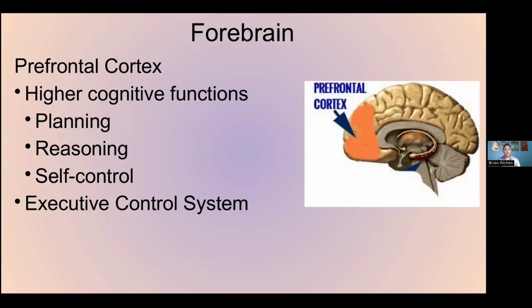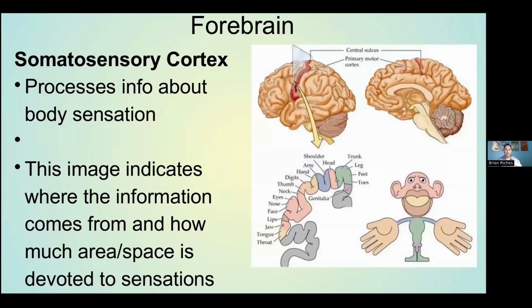So with that, in this cerebral cortex, the outside wrinkly portion, we also have the somatosensory cortex. This is when we get sensory inputs from around the body. And this really funny picture here really demonstrates how much brain area is dedicated to each part. We've got a lot of brain area for feeling things with our hands. We've got a lot of brain area for feeling things with our mouth and our lips and our cheeks.